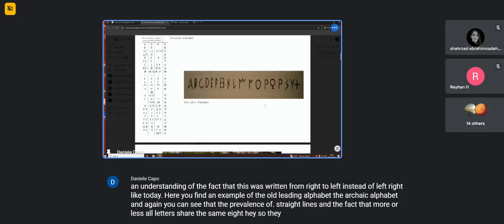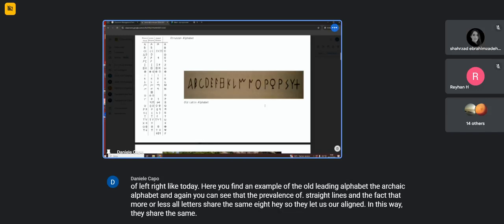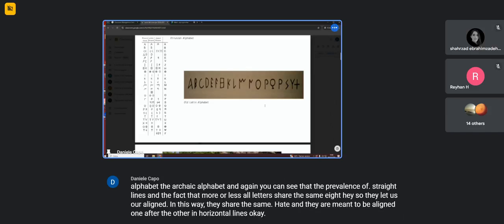So letters are aligned in this way. They share the same height, and they are meant to be aligned one after the other in horizontal lines, okay?